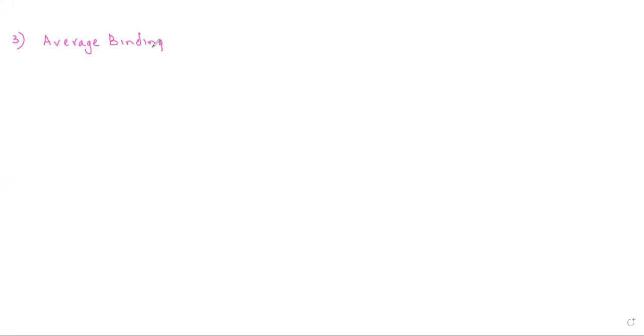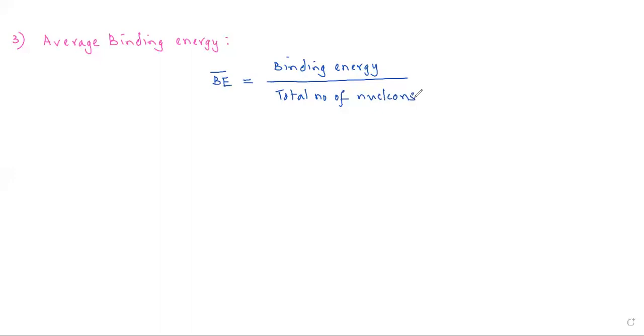Now coming to average binding energy. The average binding energy can be given as binding energy per nucleon, that means divided by the total number of nucleons, or it can be given as binding energy by mass number.